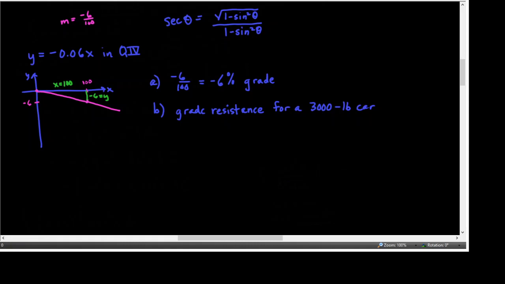Okay, so first of all, the grade resistance formula, not something you're supposed to memorize, but you need to know it for this problem, is R equals W times the sine of theta, where W is the weight of the car. So this 3,000-pound car means that W is 3,000. To know sine of theta, we're going to need to know r.